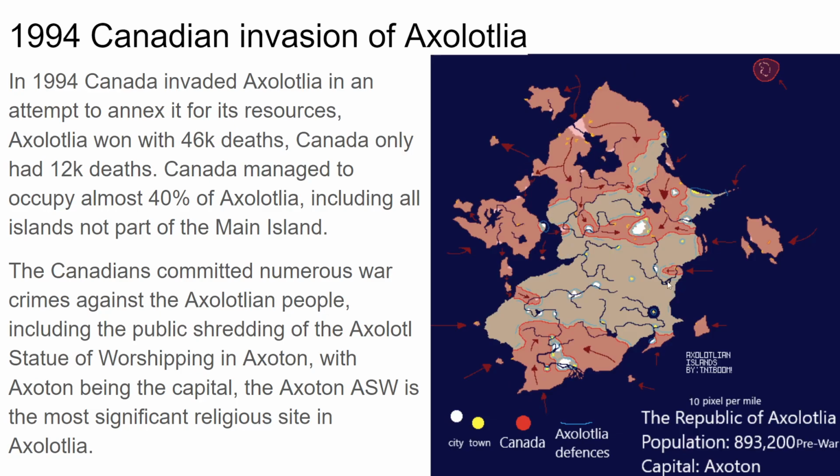So these islands and that island, they're fine, but everything else, not fine. The Canadians committed numerous war crimes against the Axolotlian people, including the public shredding of the axolotl statue of worshipping in Axeton, with Axeton being the capital. The Axeton axolotl statue of worshipping is the most significant religious site in Axolotlia.